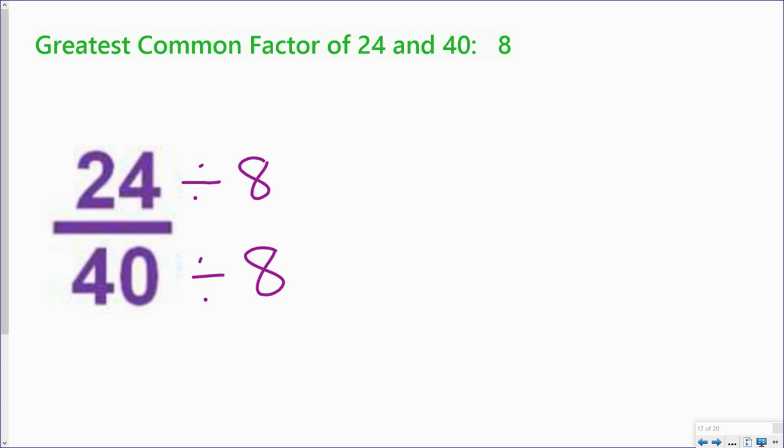So 24 divided by 8 gives me 3, and 40 divided by 8 gives me 5. So 24/40ths in simplest form is 3/5.